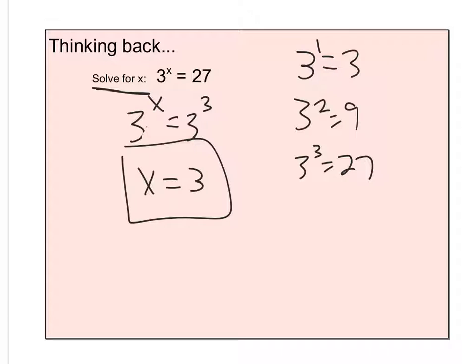But it doesn't always work out perfectly. It's a little harder to figure out what my answer is going to be. We have to keep in mind what we're dealing with, and you're looking for an exponent.